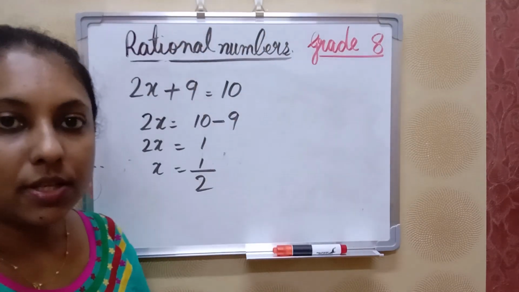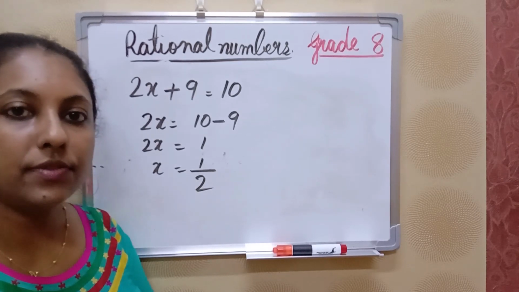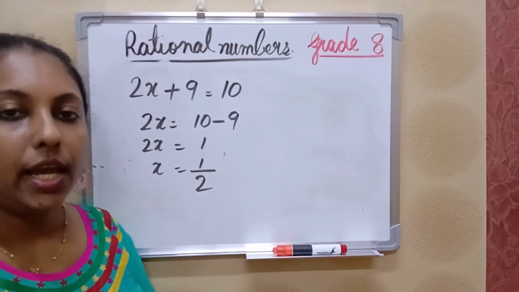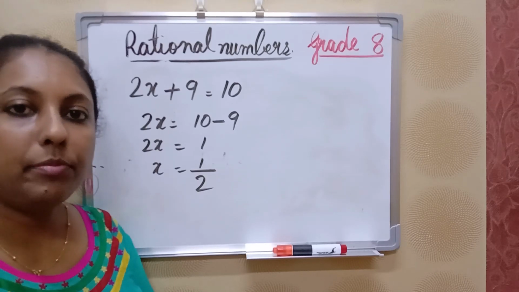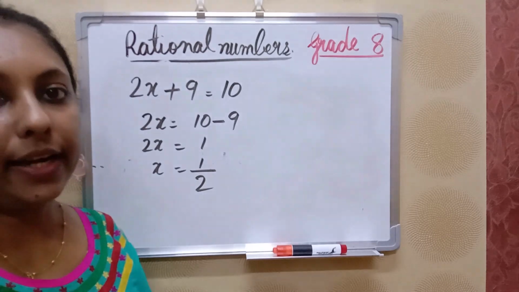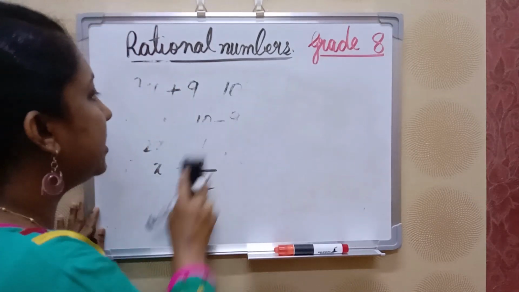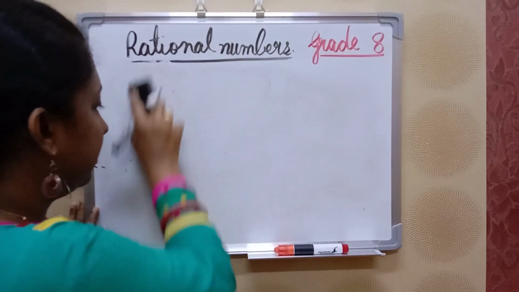The numbers which can be written in the form a by b, where a and b are integers and b is not equal to 0, are called rational numbers. And all the integers are rational numbers.